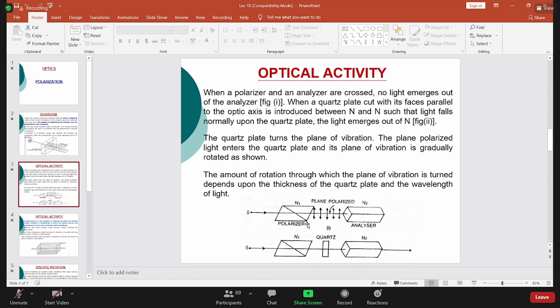In the first figure, when two nicol prisms are in perpendicular direction, that is 90 degrees, we will get no output. The output we get from the first is plane polarized light, which is parallel with the axis, and because of the alignment of the analyzer, it blocks it.